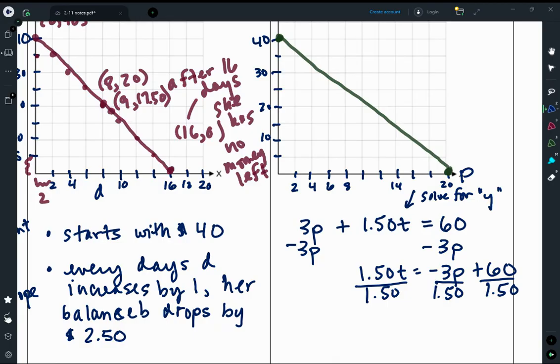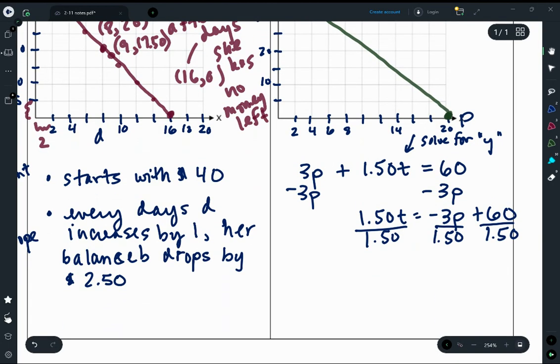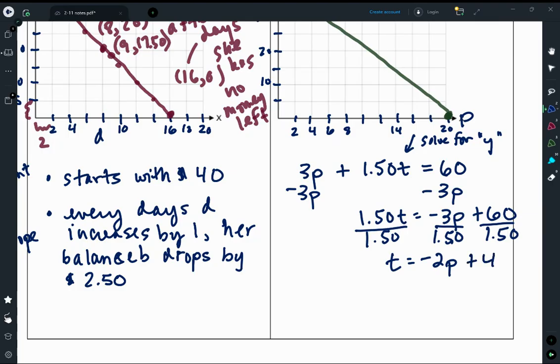All right, and then let's see. I need to divide this out, and actually I don't think I need a calculator because there's two of 1.5 in 3. So this is going to be a negative 2p, and I've already divided 60 by 1.5, and that's 40. Okay, so if I'm going to analyze this one, I would say the 40 is like that t-intercept.